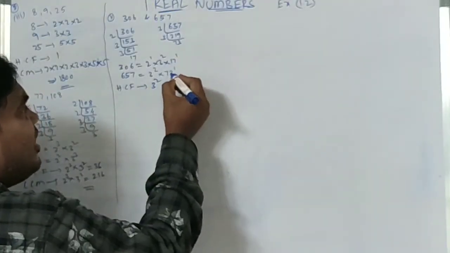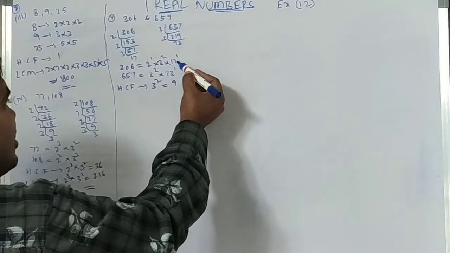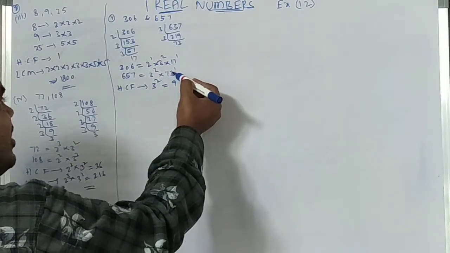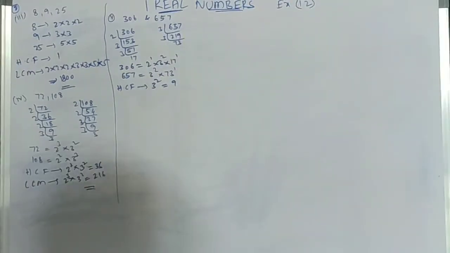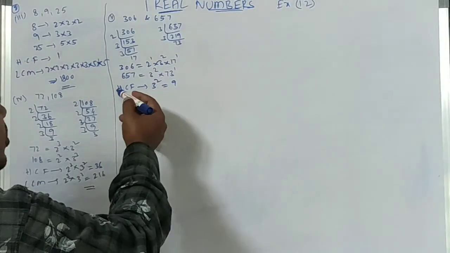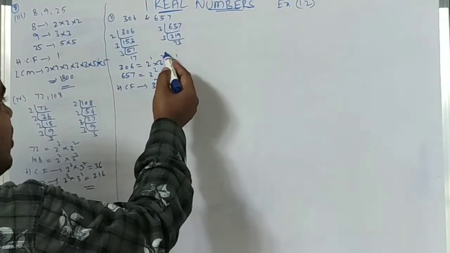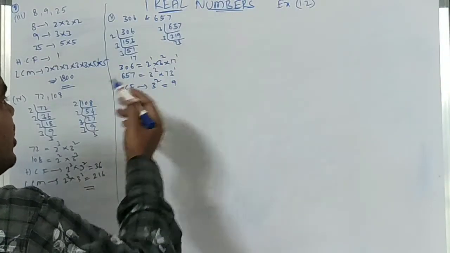Here it is 17, here it is 73, these are different, so we won't get a common. So HCF equals only the common 3, least power 2, 3 square equals 9.